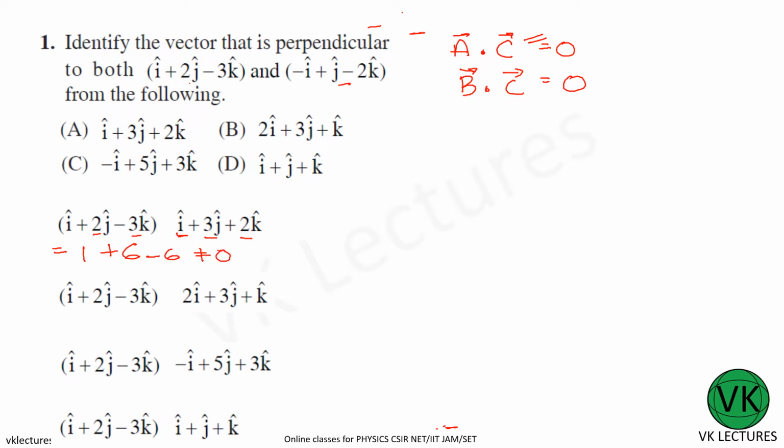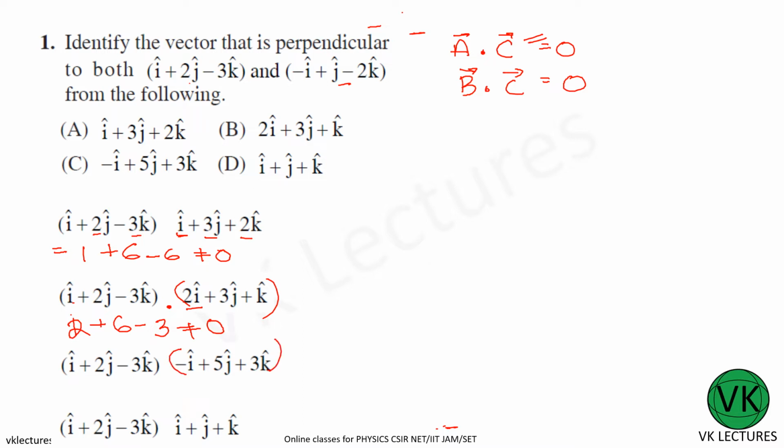Now here again we have i times 2i, which is nothing but 2, plus 2 times 3, that is 6, minus 3 times 1 is minus 3, again which is not equal to 0.